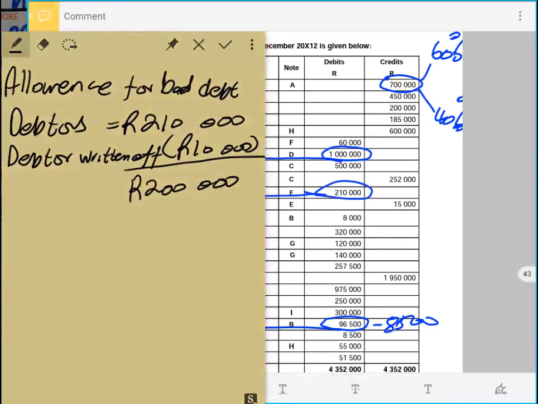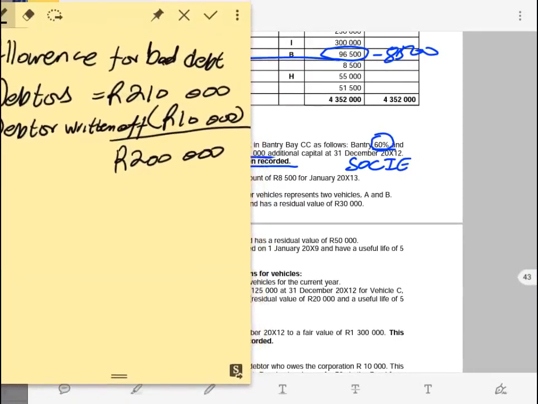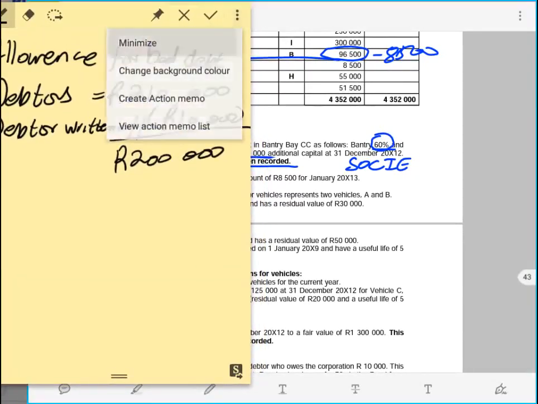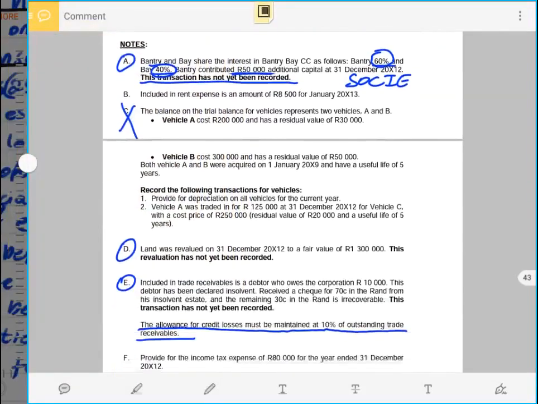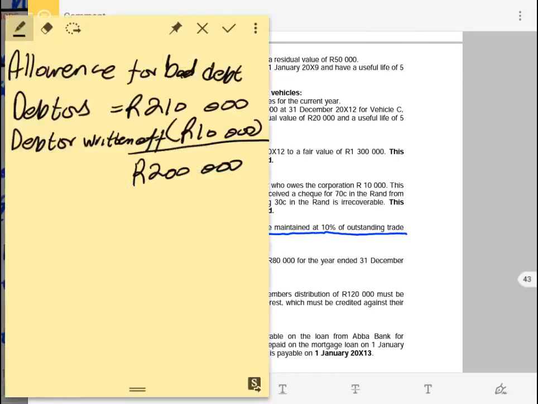Therefore, now we have to multiply by the percentage at which our credit loss must be maintained. And we were told that our credit loss must be maintained at 10%. So now we just have to say 200,000 rands times by 10%, and that will give us an amount of 20,000 rands.